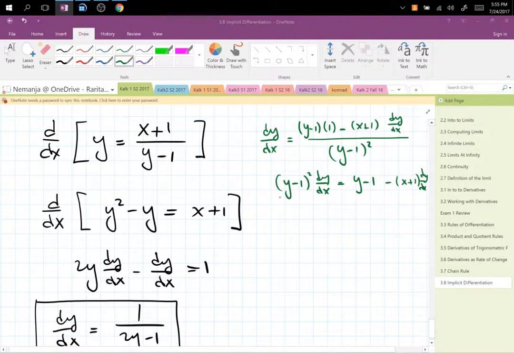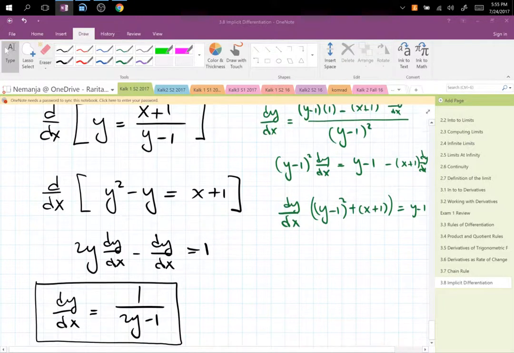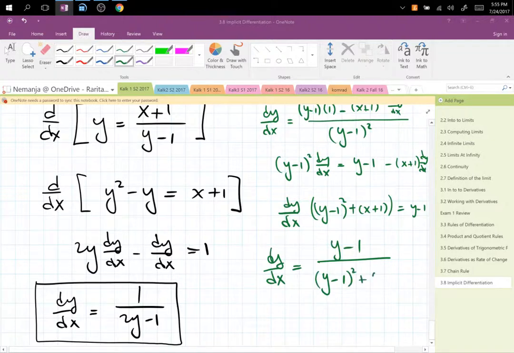Then move this term to the other side to get dy/dx of y minus 1 squared plus x plus 1 equals y minus 1. And then you have dy/dx is equal to y minus 1 over y minus 1 squared plus x plus 1.